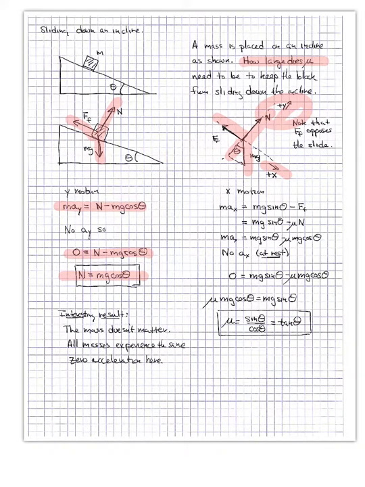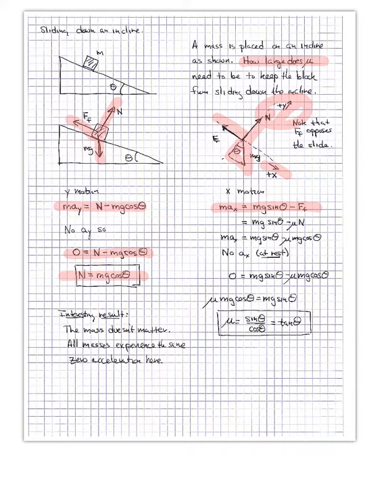So armed with that normal force, we can now attack the x direction and try to find the coefficient of friction. So look, the x direction, the net force is mg sine theta. That's this component right here down the incline due to gravity, mg sine theta, minus the frictional force that's opposing it.